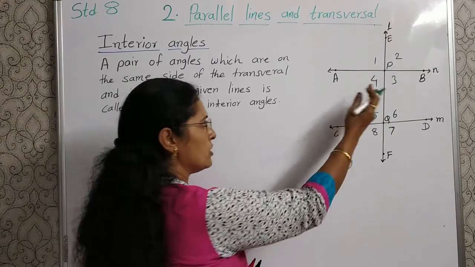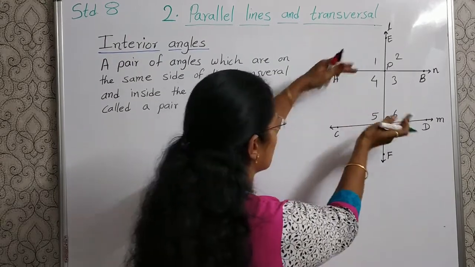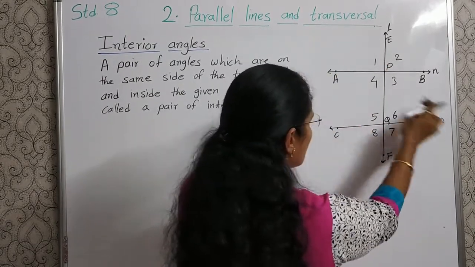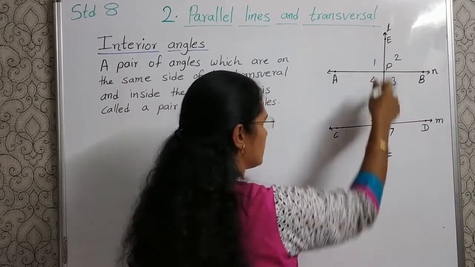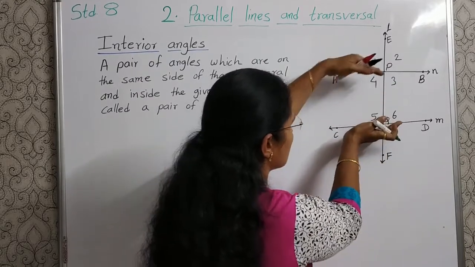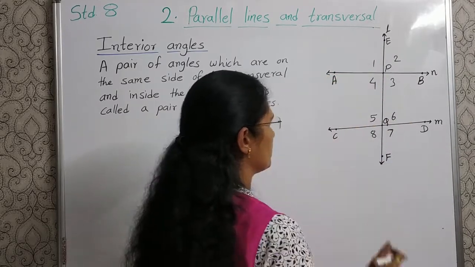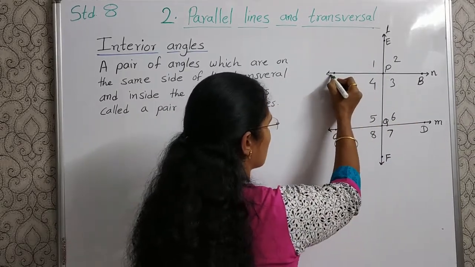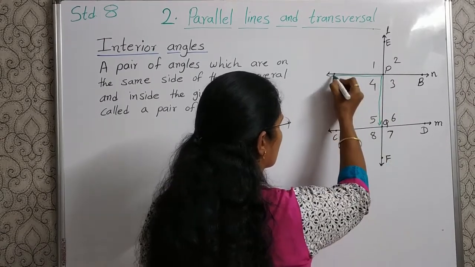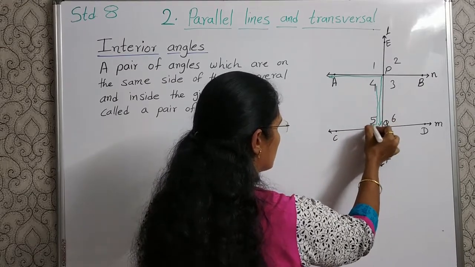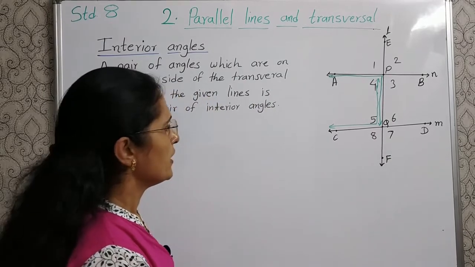So the angles which are on the same side of the transversal and inside the given lines. These two lines are given, and this is the transversal, so the angles are inside the two lines, in the inside portion of these lines. So these two angles form a pair of interior angles.